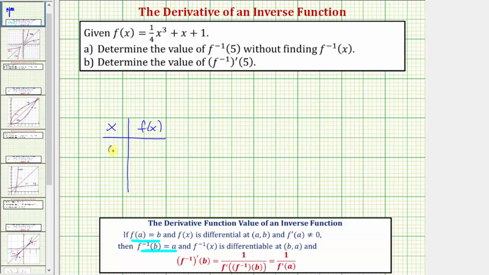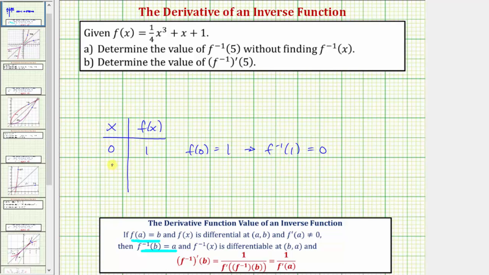Well, if we let x equal 0, we can easily see that f of 0 is not going to be 5. It would be 0 plus 0 plus 1, or 1. So because f of 0 equals 1, this does tell us that f inverse of 1 equals 0. But again, we're trying to find f inverse of 5.